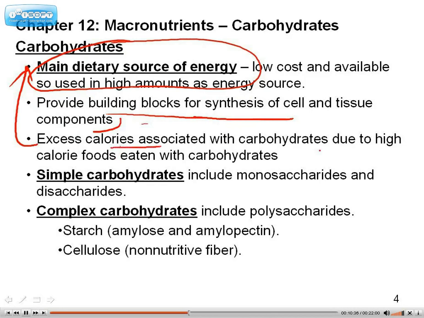Excess calories associated with carbohydrates due to high-calorie foods eaten with carbohydrates. Bottom line, that means there are a ton of calories found within beverages such as Coke or within candy.